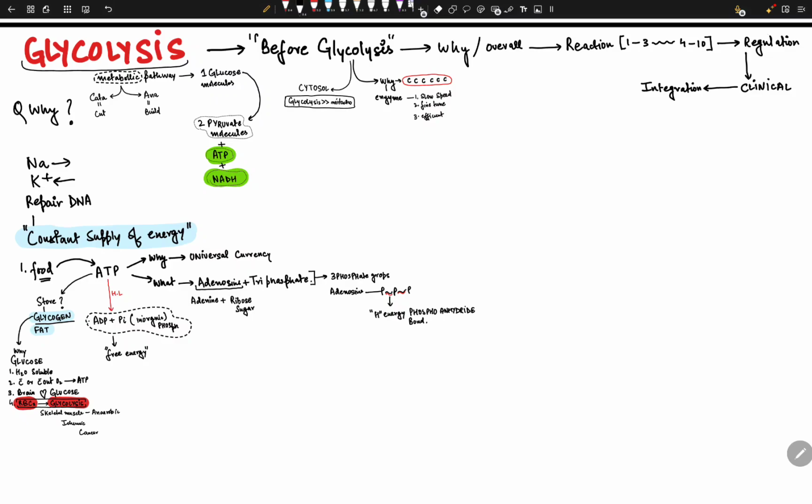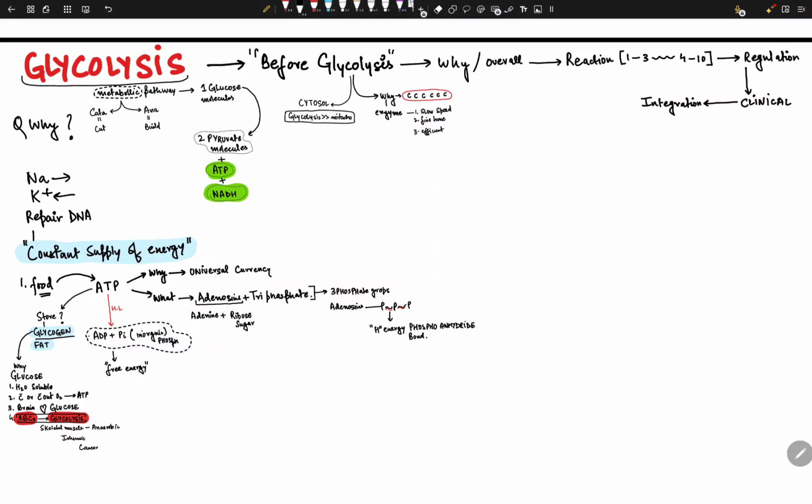A clinical thing that we can understand is that we have an enzyme called pyruvate kinase, right? Deficiency of this enzyme can cause ATP depletion in these RBCs, because pyruvate kinase is important in glycolysis. So just know that.